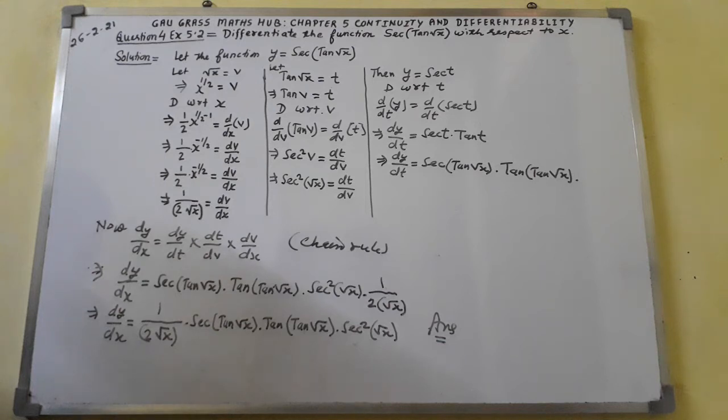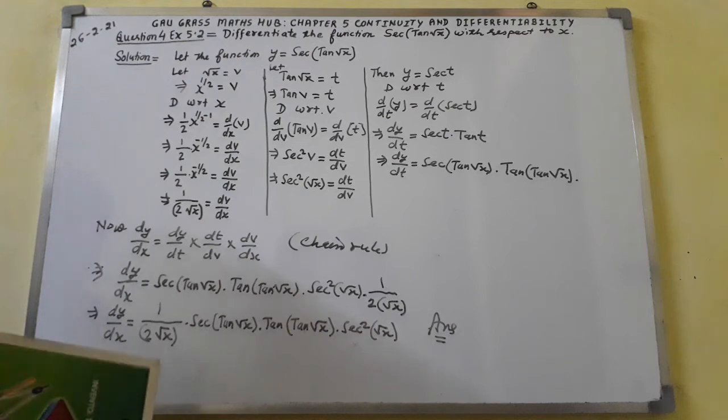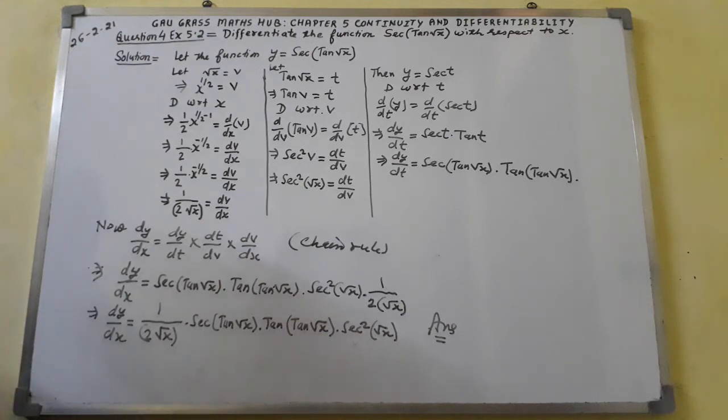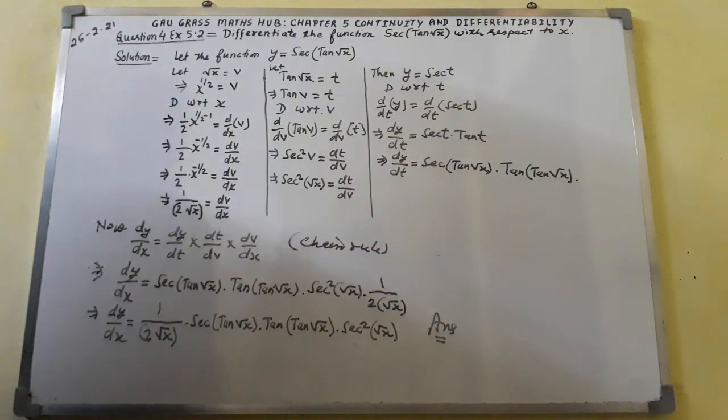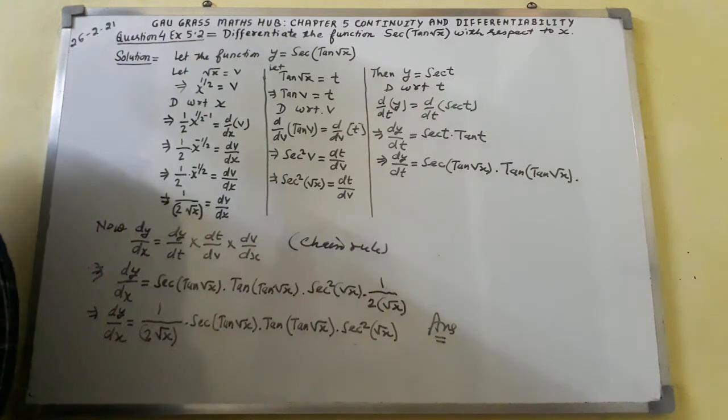So this is the correct answer you have got here. So now at last I shall say this is the proper explanation and solution of question number 4 that has been taken from exercise 5.2, chapter 5, continuity and differentiability.